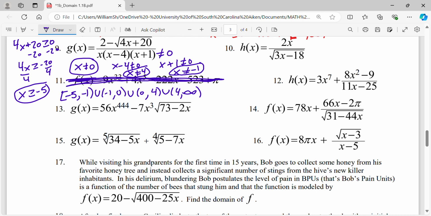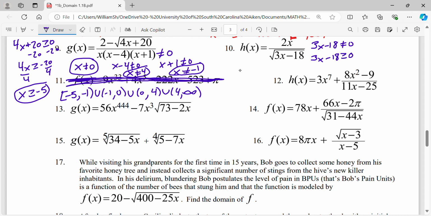Number 10, I've got 2x divided by the square root of 3x minus 18. Now we have two restrictions here. We have the restrictions that 3x minus 18 cannot equal 0, and because it's underneath the radical, and it's an even index radical, it needs to be greater than or equal to 0.